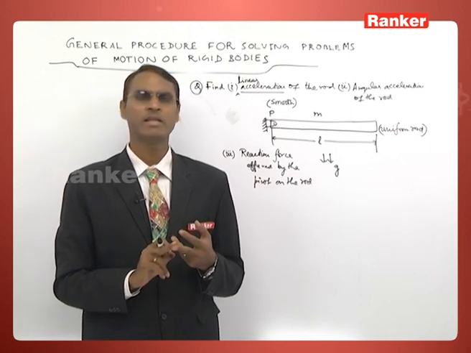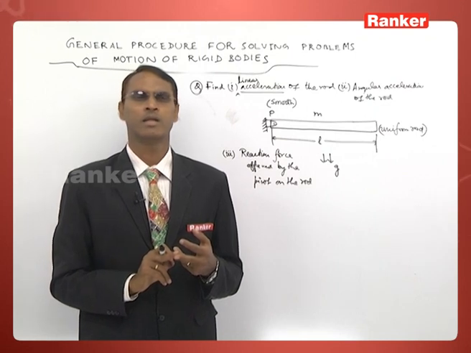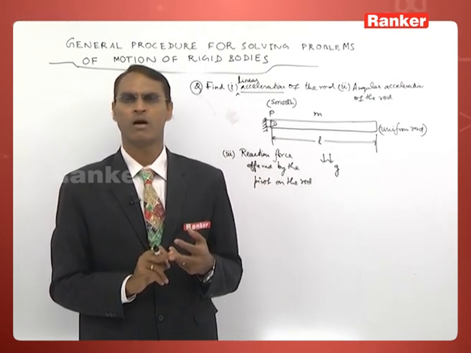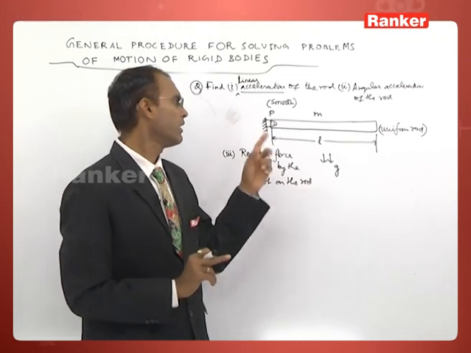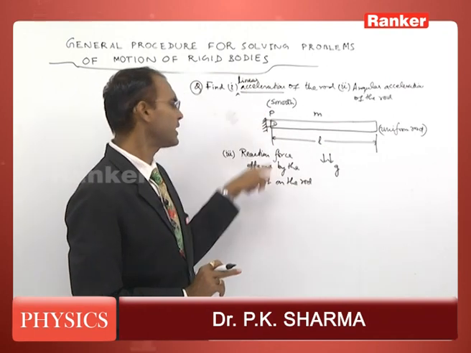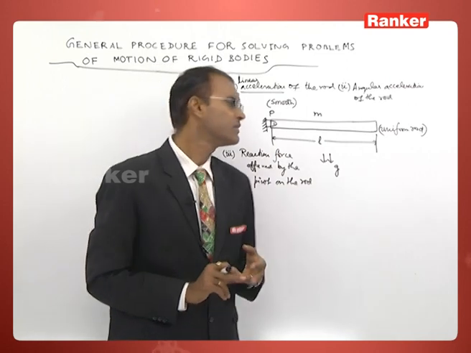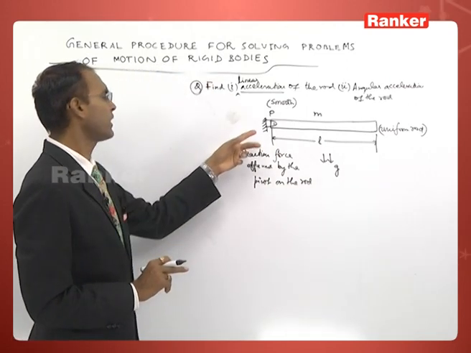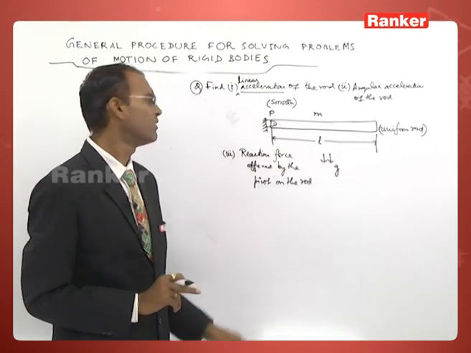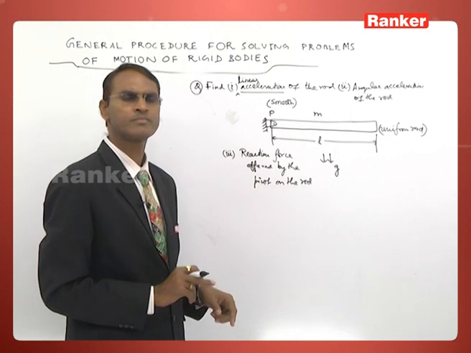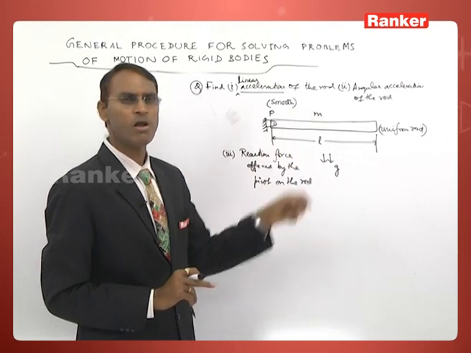Second, we have to mention the angular acceleration and the acceleration of the rod along x direction, along y direction. Then in the second step, we can write force equation along x direction, force equation along y direction, and torque equation about the center of mass of the rod.